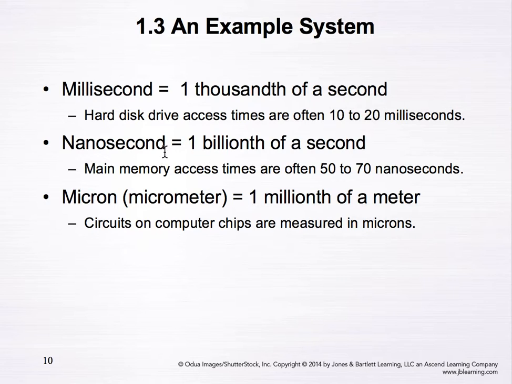A nanosecond means 1 billionth of a second, corresponding to 10 power negative 9 seconds. In our system, the main memory access time is often on the order of 50 to 70 nanoseconds.